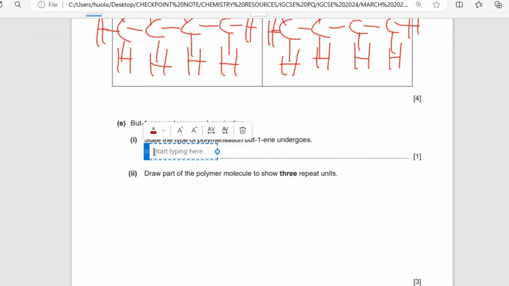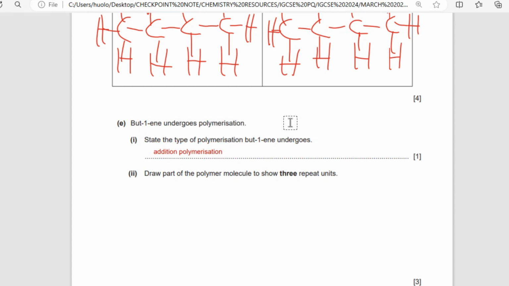You know the definition for addition reaction, where 1 product is formed. So you have addition polymerization.